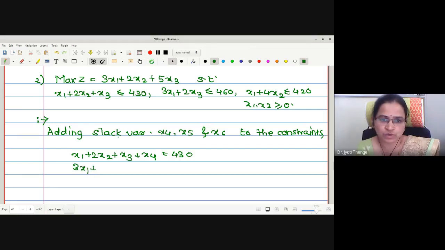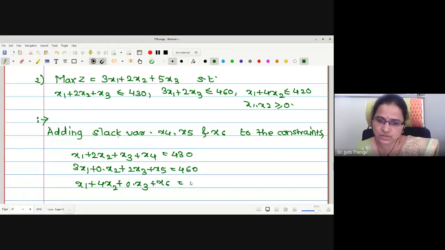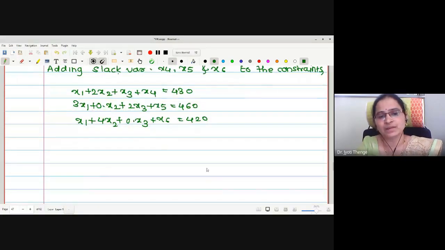Next, 3x1 plus, now here x2 is missing, therefore I will write 0x2 plus 2x3 plus x5 is equal to 460. Next, x1 plus 4x2 plus, x3 is missing, 0x3, and added with x6 is equal to 420. Right? Now you tell me the number of basic variables to be selected. Now we have three equations in 6 variables in all. How many variables should be kept at 0?